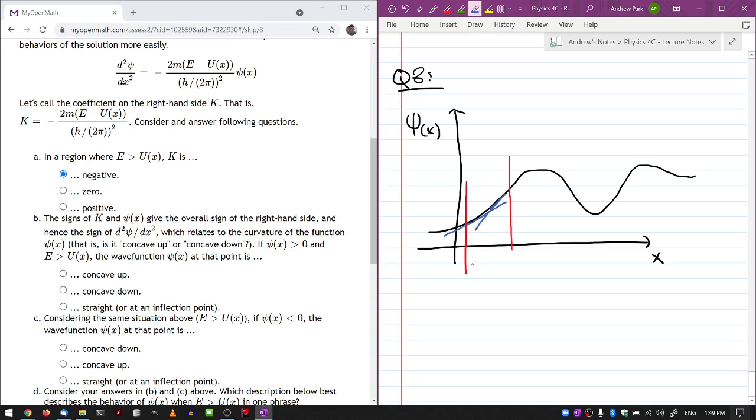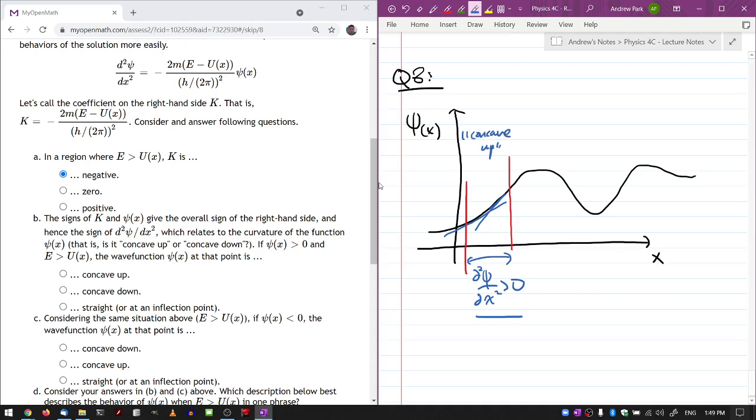So the second derivative is positive, because the change of the slope is in the positive direction. This is where I would call it concave up.